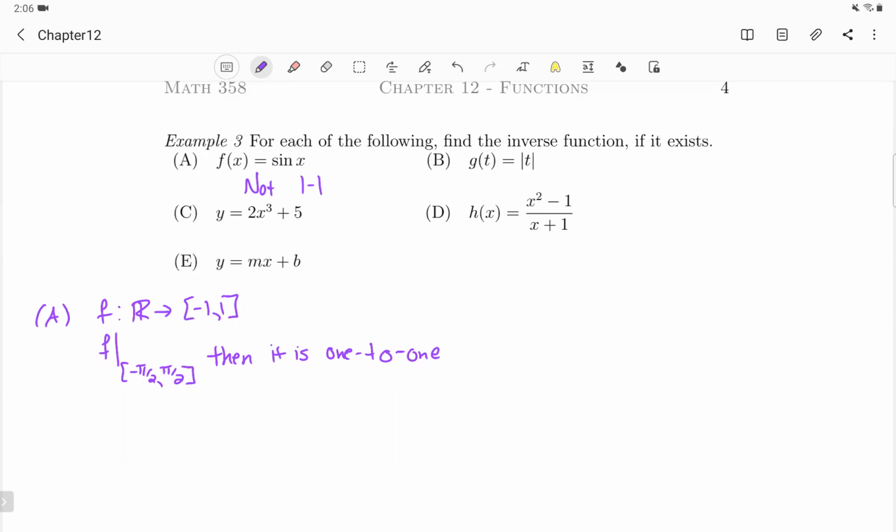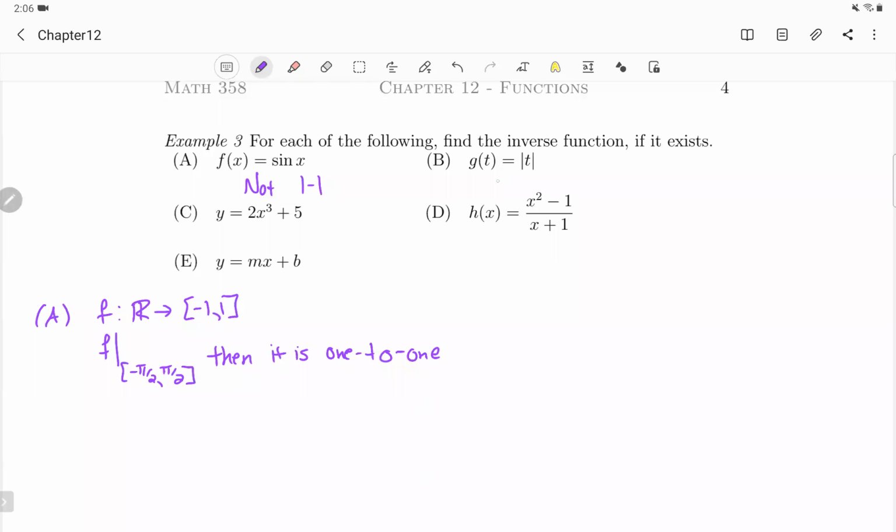That's what we have to do in calculus 2 to get sine inverse to be an actual function. For the purposes of this section, it's just going to say, is this one-to-one, or does this have an inverse? It's not going to say restrict it so that it does. So our answer to this would just be: nope, not one-to-one, no inverse. Done.